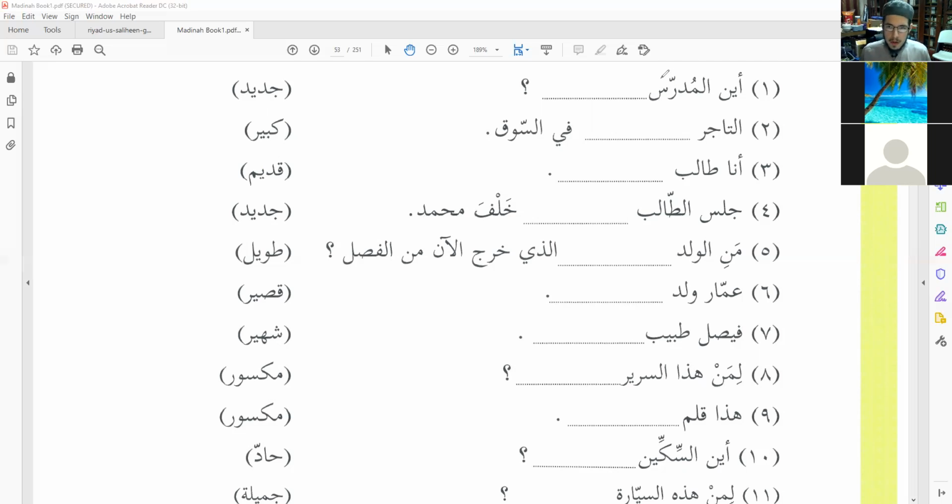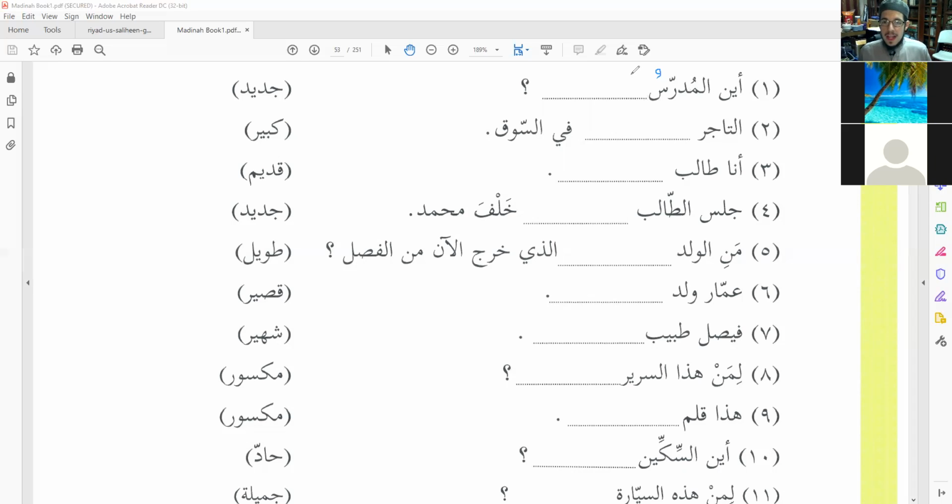Excellent work. So everybody notice how, first of all, she nailed the correct ending for al-mudarrisu. It's the mubtada, because the actual sentence is al-mudarrisul jadidu aina, where is it? However, we have put forth in the beginning of the sentence the part that we're questioning, the where.